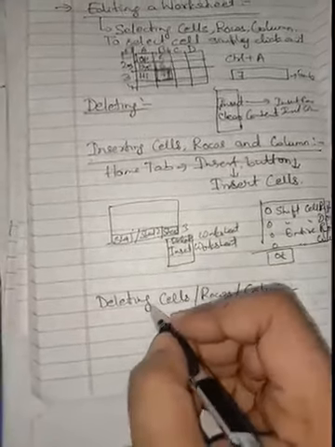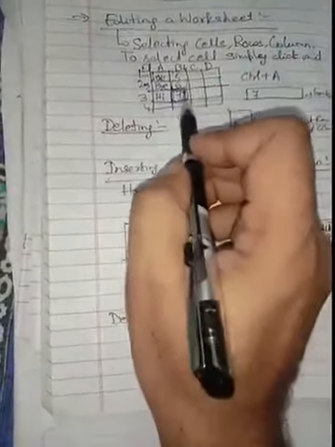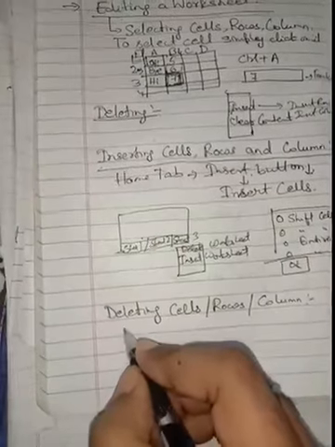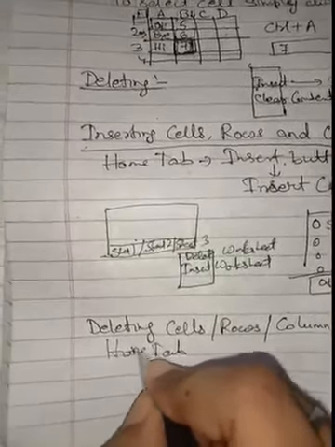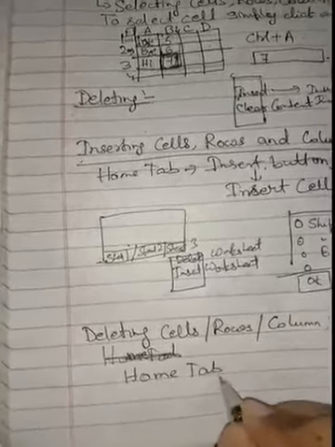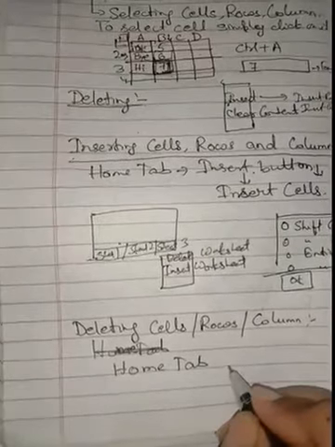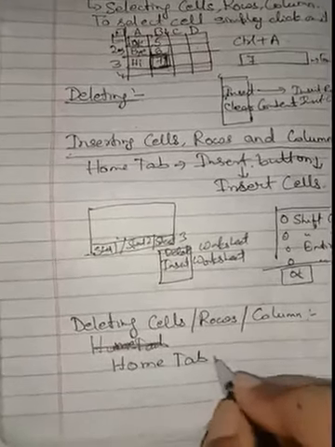Now how can we delete a cell? To delete a cell, first of all select the cell that you want to delete. Suppose I want to delete this cell. Deletion of this cell means that the content along with the cell will be deleted. After selecting the cell, move to the home tab, and from the home tab go to the cells group.